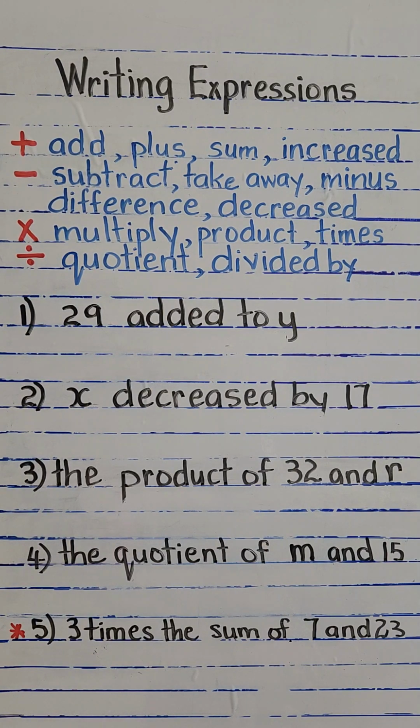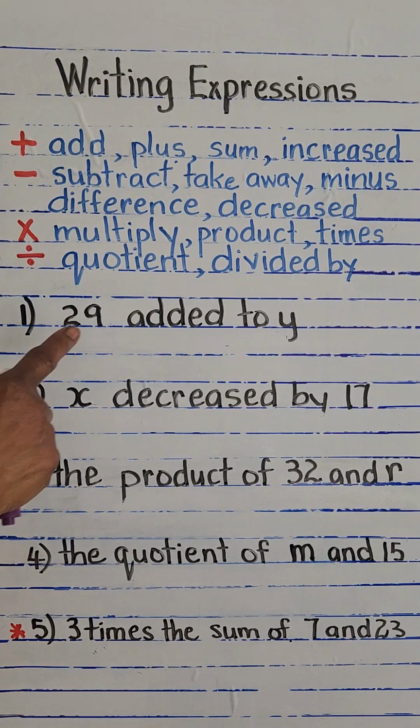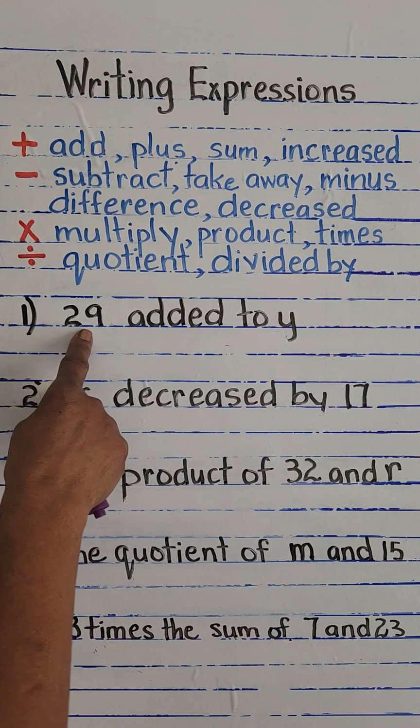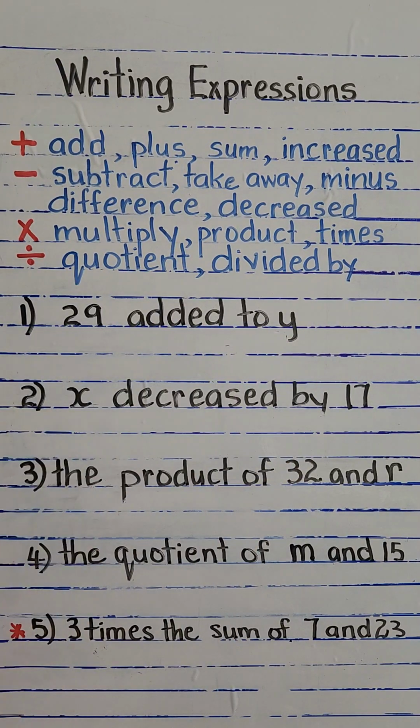So first example, 29 added to y. So here we have a quantity and a variable. We have to know which one to write first. It is very important to know which one to write first. We don't just go ahead and write the first one that we see.